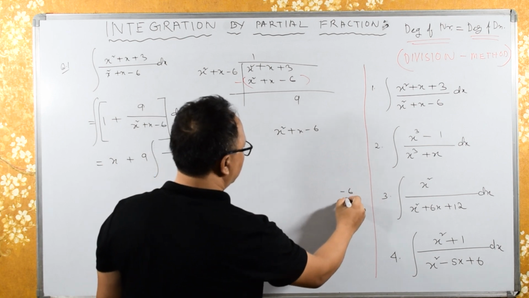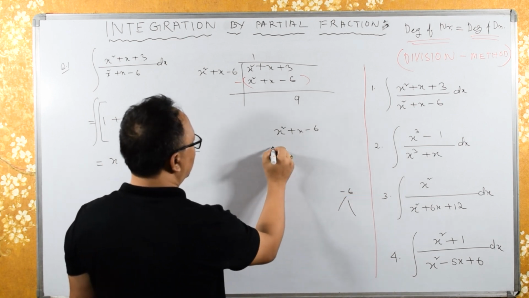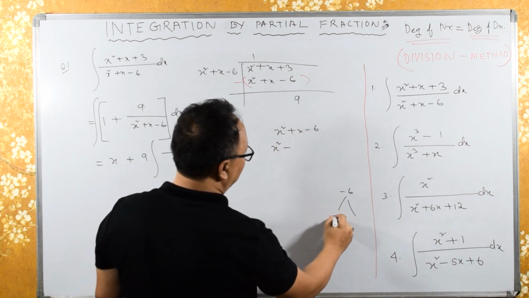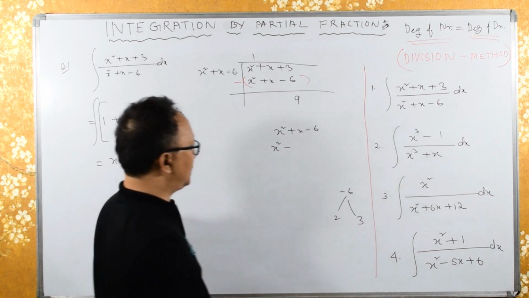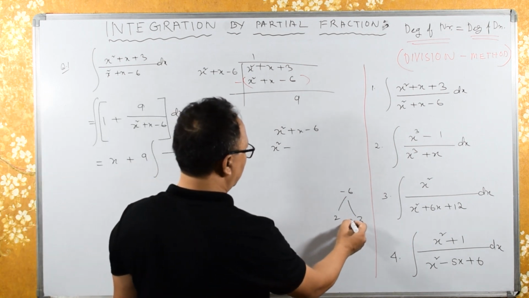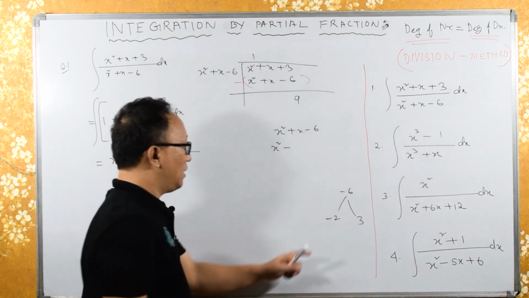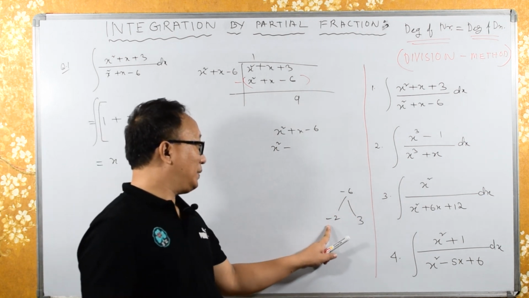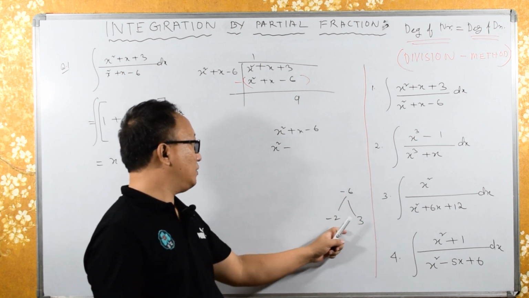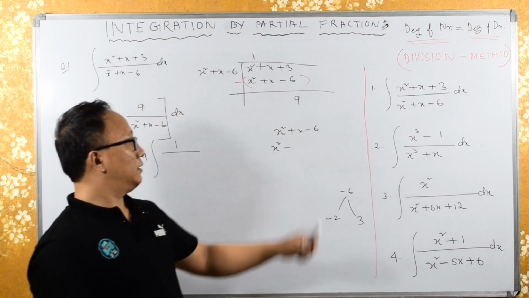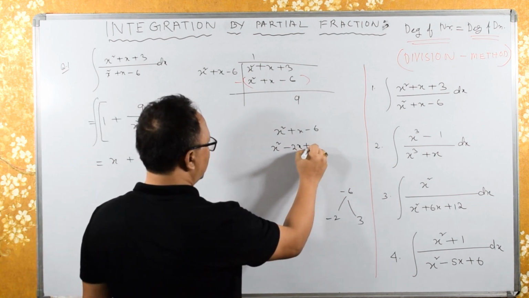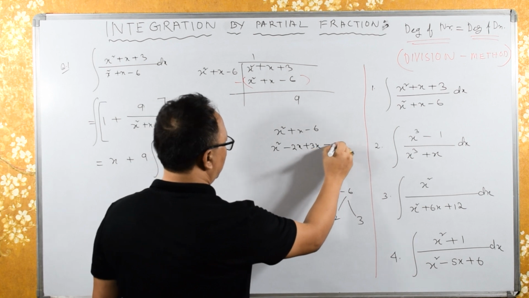We have minus 6, and we break the middle term. Minus 2 into 3 is minus 6, and if I add these two, I am getting plus 1. So I can write x square plus 3x minus 2x minus 6.